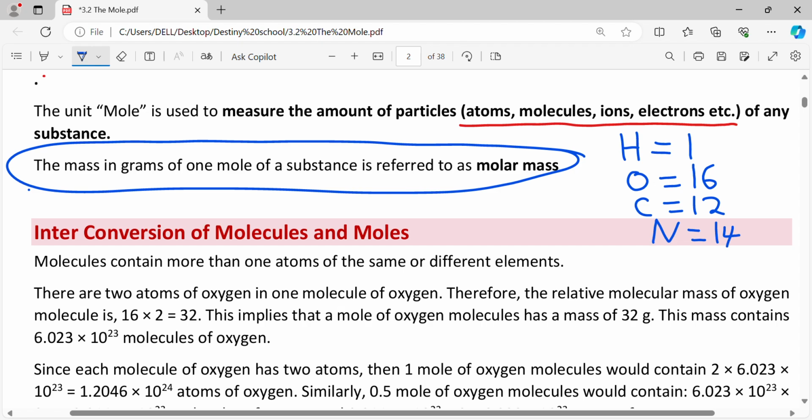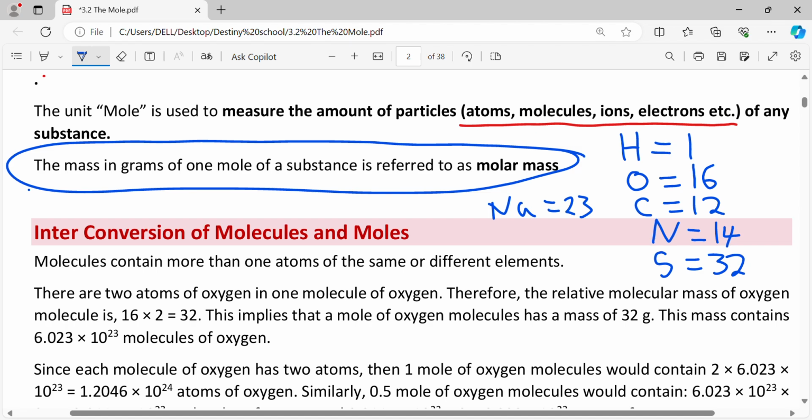Those are the molar masses in grams. 1 mole of sulfur has a molar mass of 32, and 1 mole of sodium has a molar mass of 23.